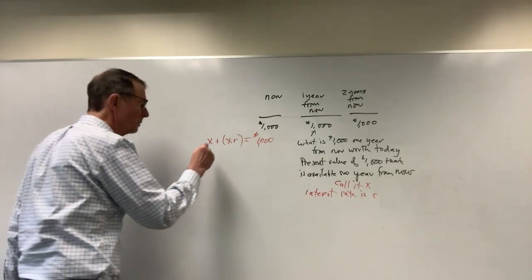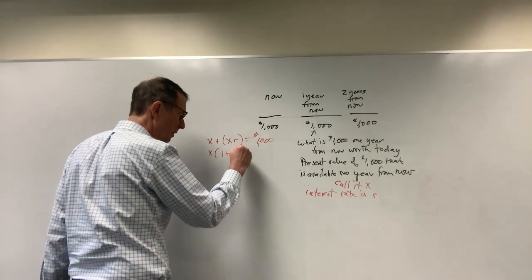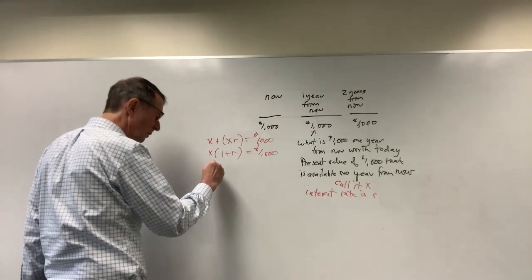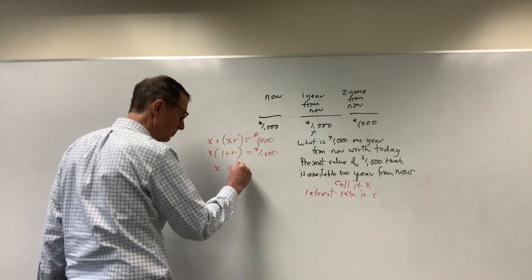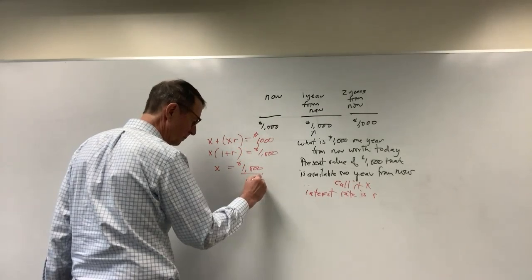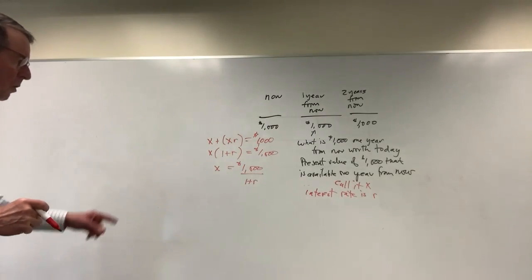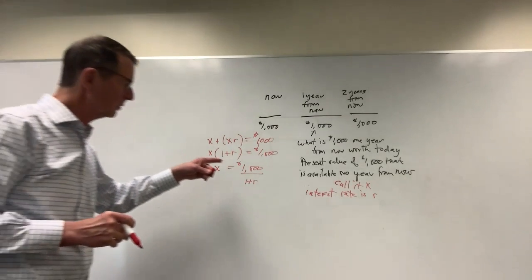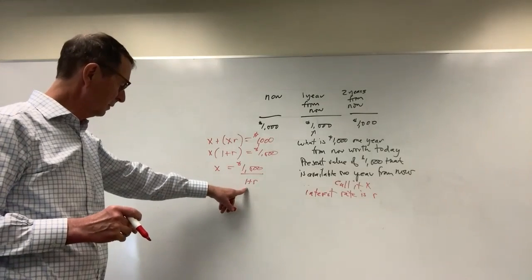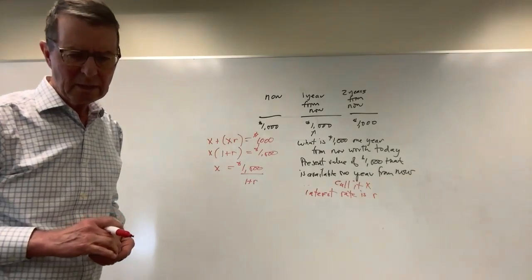In other words, X times 1 plus R equals $1,000. In other words, X equals 1,000 divided by 1 plus R. So the present value of $1,000 that's available a year from now, if the interest rate is R, is going to be $1,000 divided by 1 plus R.